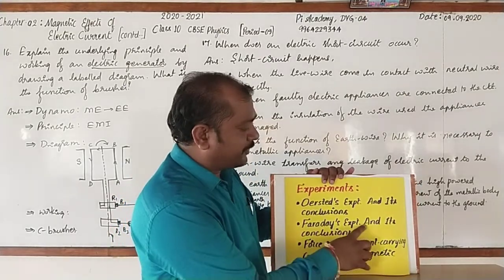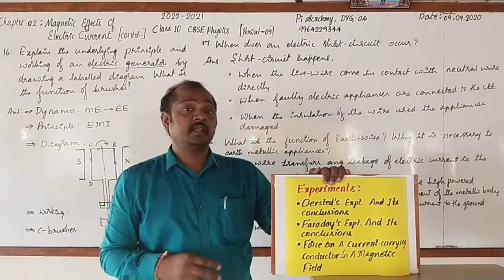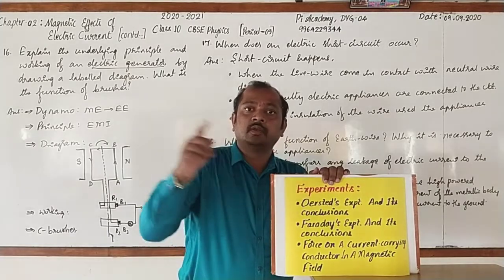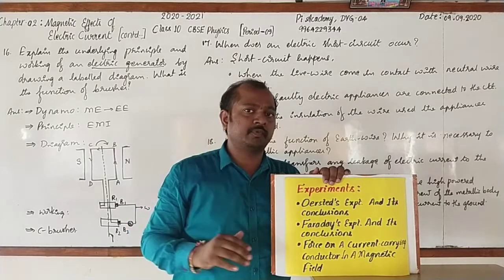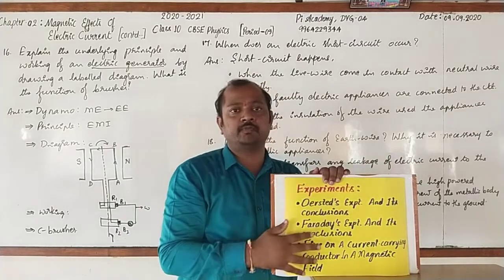Another one is Faraday's experiment and its conclusion. See that Ørsted showed that when current flows through the conductor, a magnetic field is developed, which is called the magnetic effect of electric current, which means current can produce a magnetic field.